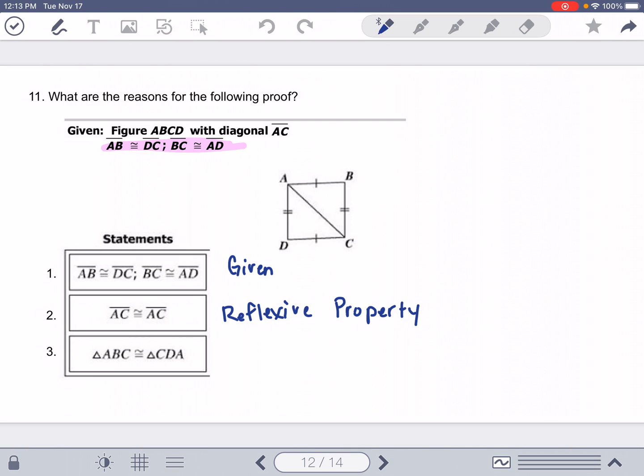Well, I've got AB marked and DC marked, and I've got this AD and BC. But I haven't done anything to this side AC yet. And again, if I separate these into 2 sketches, the only thing that I have marked on this triangle are the sides. So side, side, side.